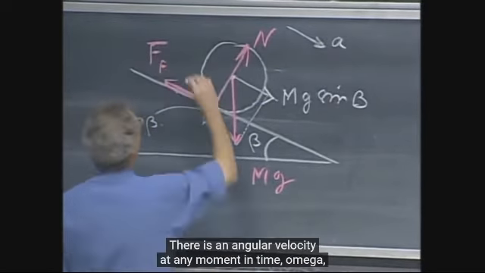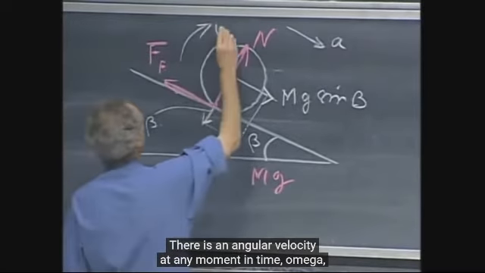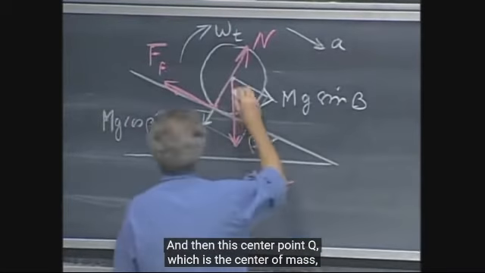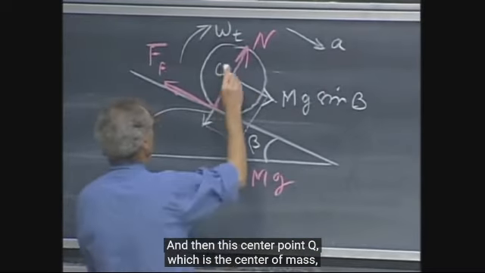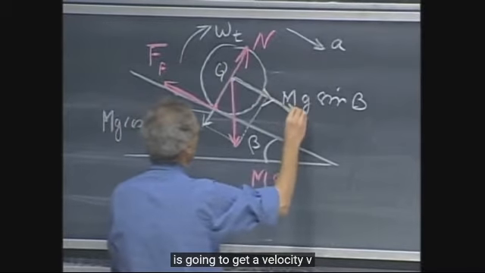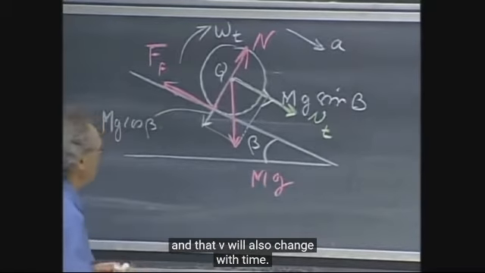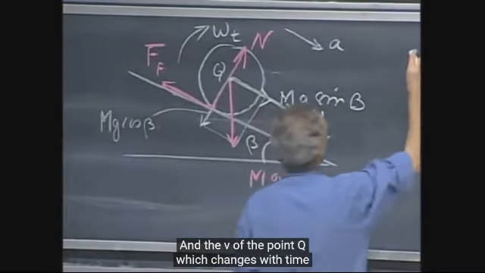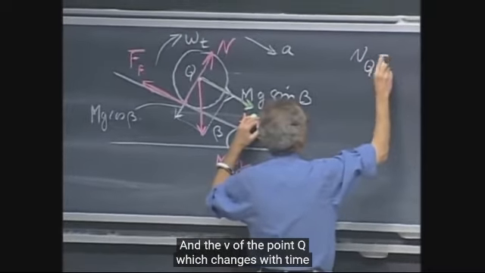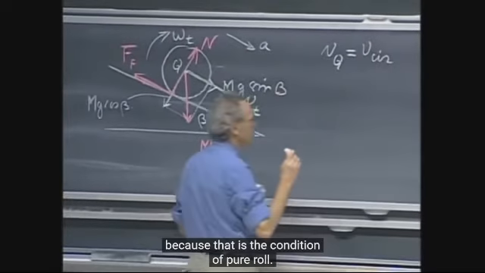There is an angular velocity at any moment in time, omega, which will change with time, no doubt. And then this center point Q, which is the center of mass, is going to get a velocity v, and that v will also change with time. And the v of the point Q is v of the circumference, because that is the condition of pure roll.